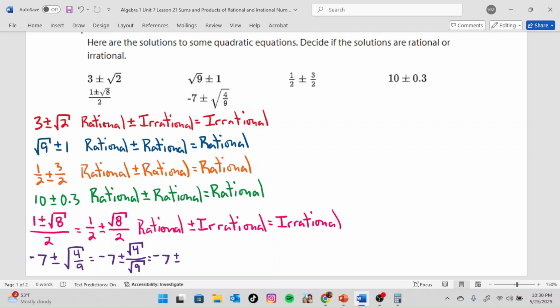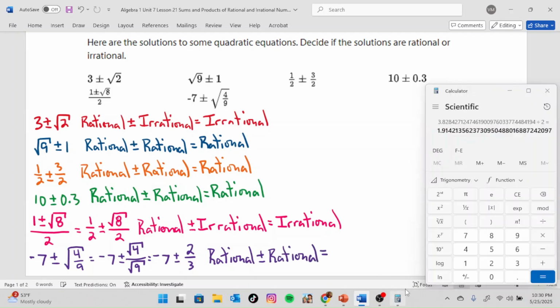So this becomes -7 plus or minus 2/3. So that means we have a rational number in -7 because it can be rewritten as -7 over 1, plus or minus 2/3, which is a fraction, therefore it is rational.